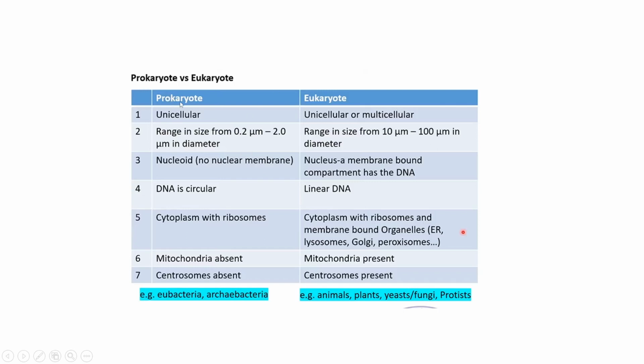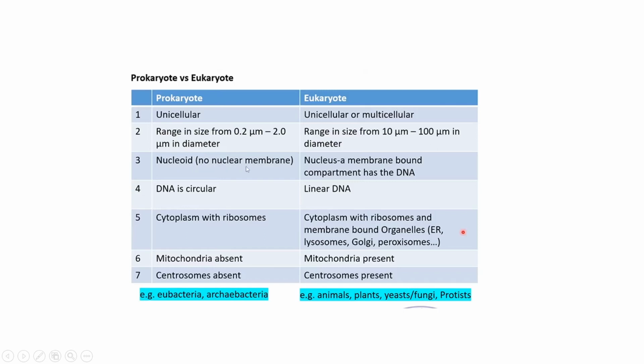So when we talk about prokaryotes and eukaryotic organisms, in prokaryotes, generally, it is a unicellular organism and it is very small in size. Okay, the cell size is 0.2 micron to 2 micron in diameter, and it doesn't contain a nucleoid, and it doesn't have a nuclear membrane.